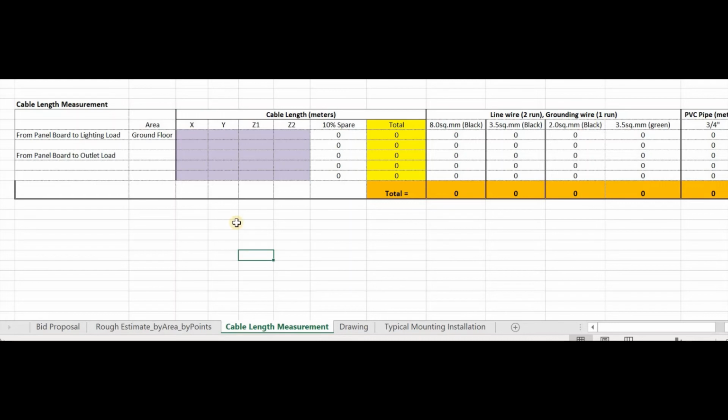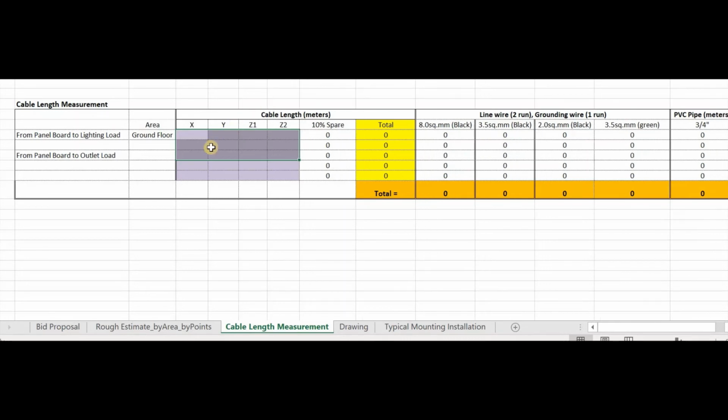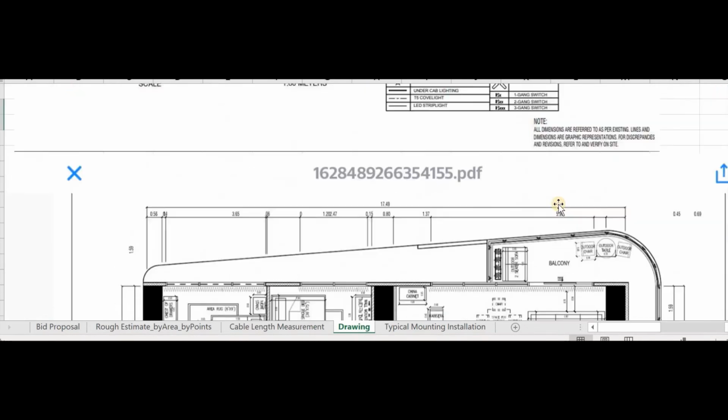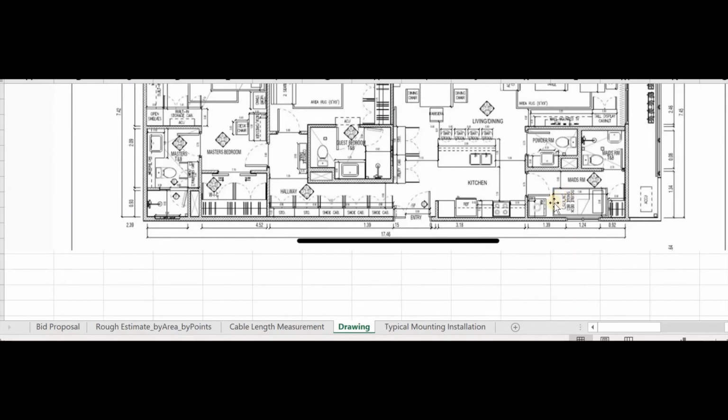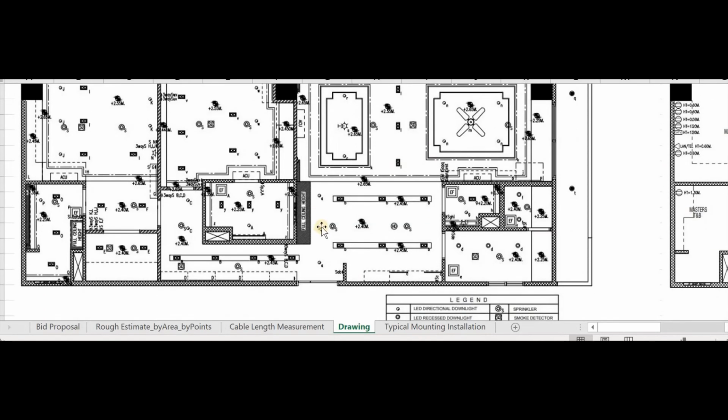In my previous video, I also made a tutorial on how to prepare this. And then we have some drawing here. So 8 meters is the average length of each fixture. Let's say this one 8 meters, this one 8 meters.